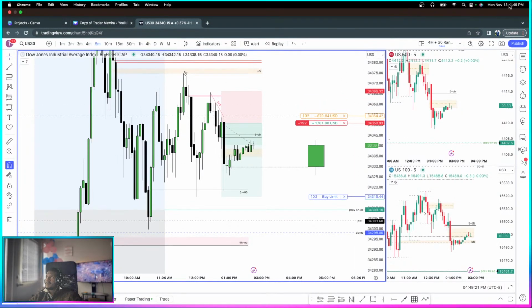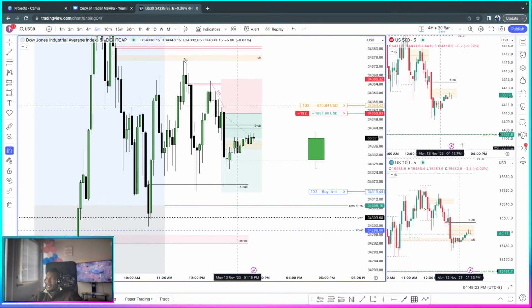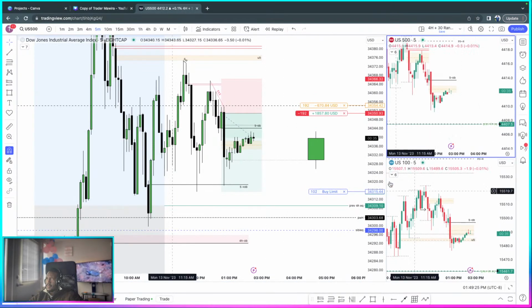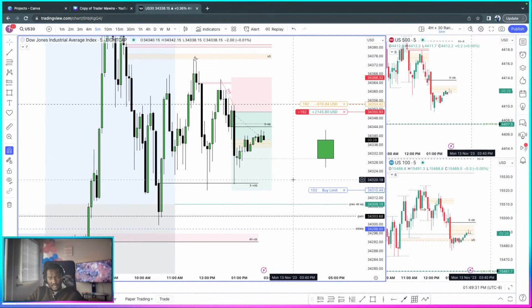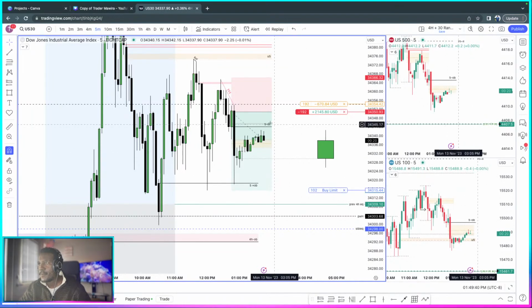Okay, 11 minutes, so 10 minutes, and then let's see how this goes. I think we can see like an abrupt close, abrupt move to the downside. Let's see how that goes. Well, that was respected, but then they still went up. This one respected that half point.